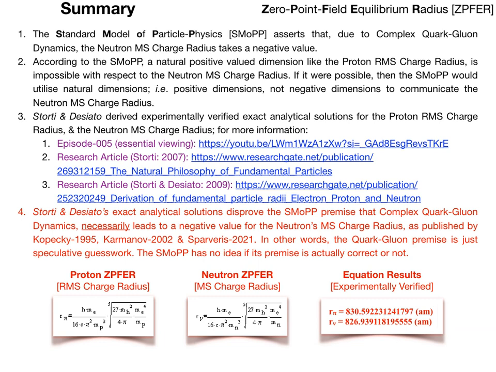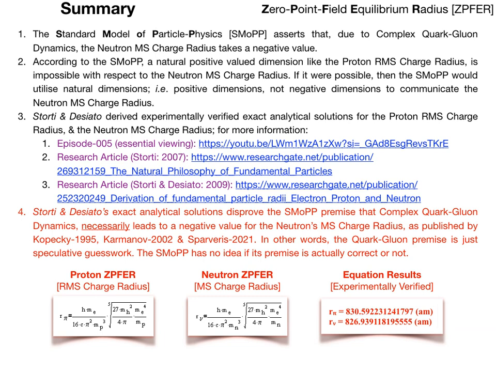3. Storti and Desiato derived experimentally verified exact analytical solutions for the proton root mean squared charge radius and the neutron mean squared charge radius. Please refer to episode 5 and the stated research article via the link shown for more information. 4. The bottom line.